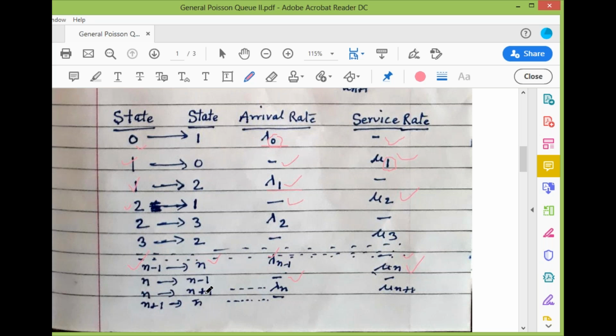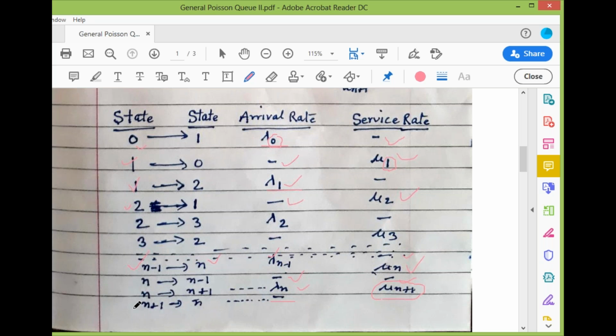For n to n plus 1, we are moving from n to n plus 1, so the arrival rate is here and there is no departure. Why is this n? Because this is n. For n plus 1 to n, the reverse case happens, and therefore no arrival, and there is only the service rate, mu n plus 1, because the state we are moving from is n plus 1.